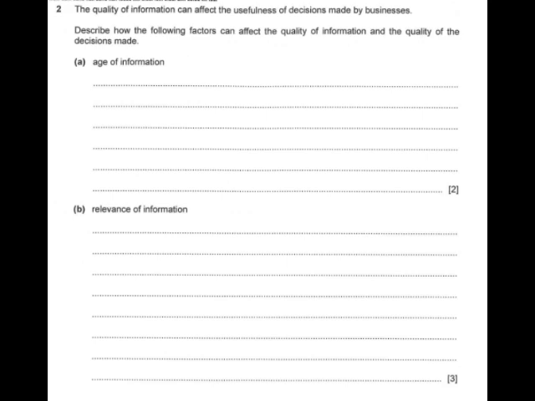For example, when deciding on a marketing strategy, information about production processes might not be useful. High-quality, relevant information ensures that decision-making is focused, efficient, and tailored to achieving specific business goals, improving the likelihood of success.